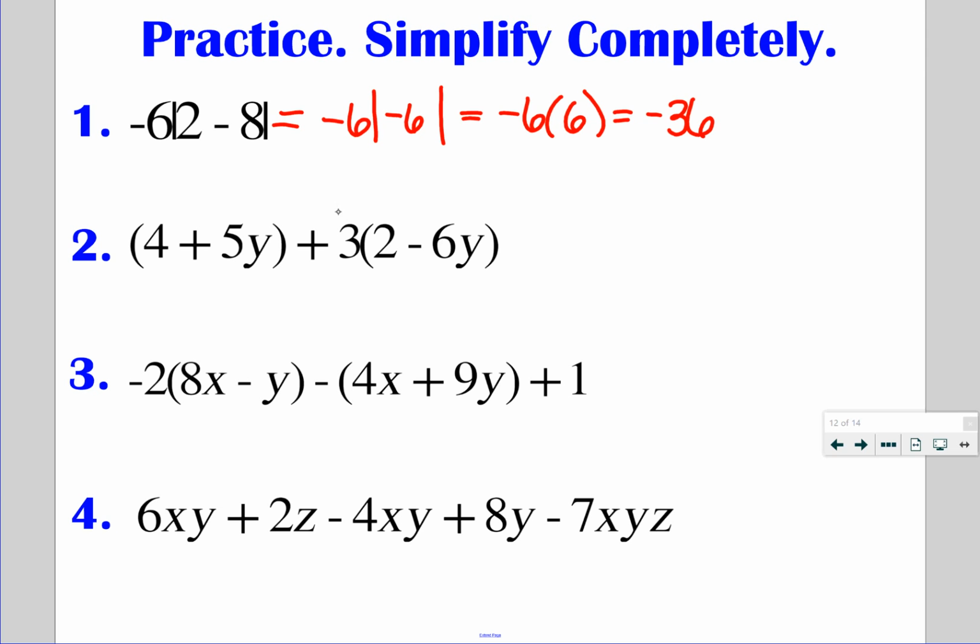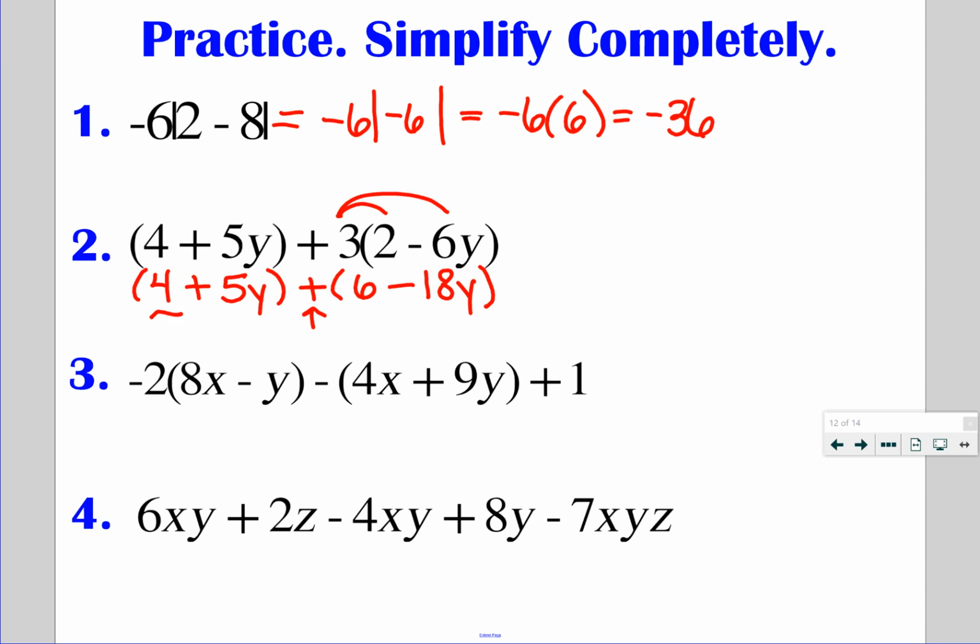In the next problem, I do have something to distribute, a number multiplied by my parentheses. 4 plus 5y. I can bring down. 3 times 2 gives me 6. 3 times 6y gives me 18y. And it's subtraction. Because you have addition between these parentheses, you actually don't need the parentheses at all because we've already taken care of everything that needs distributed.